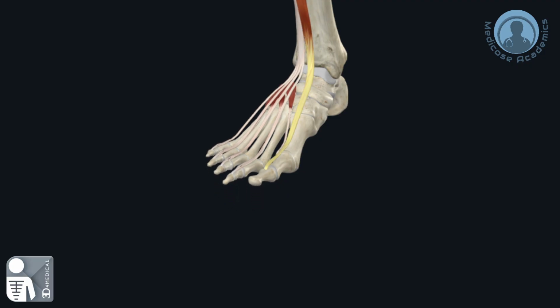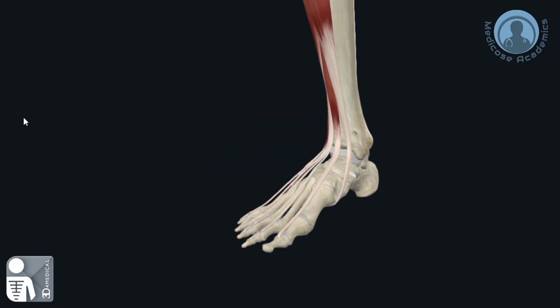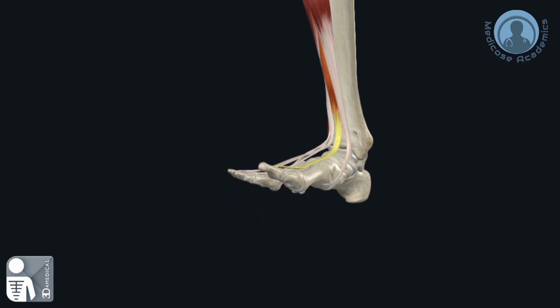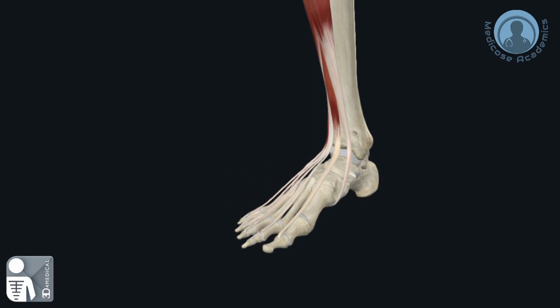Its primary function will be to extend the big toe at the interphalangeal joint, but when that is played out, it will indirectly help in extension of the metatarsophalangeal joint, and when that is played out, it will help in dorsiflexion of the ankle joint. So these are the functions of the extensor hallucis longus: extension of the interphalangeal joint, extension of the metatarsophalangeal joint, my apologies, and dorsiflexion.